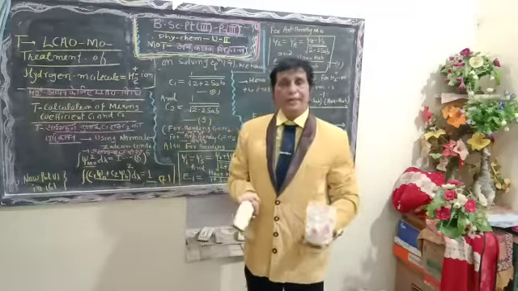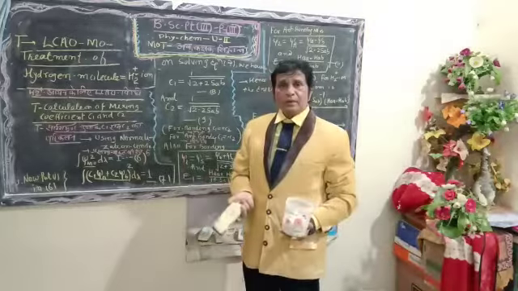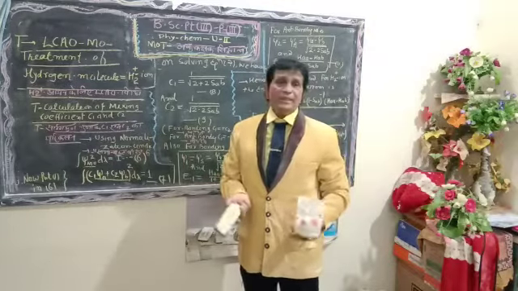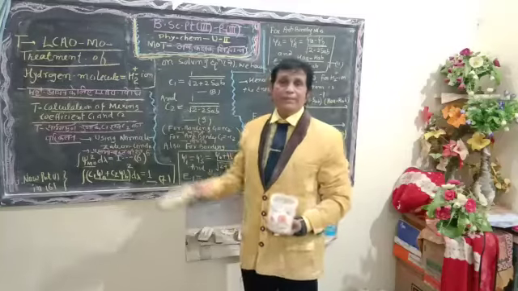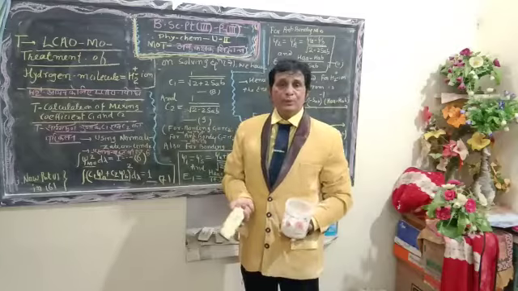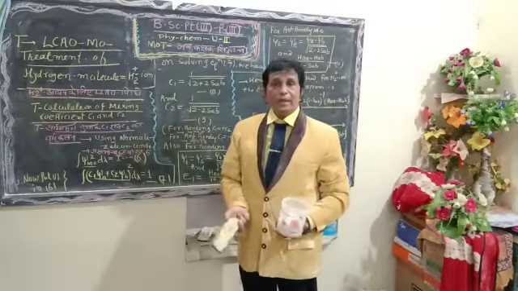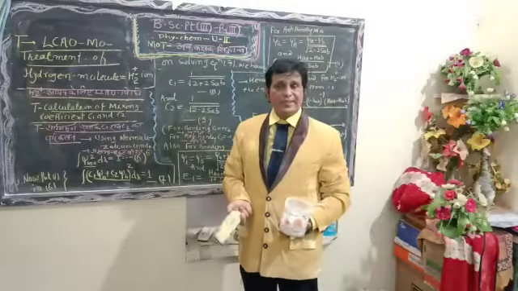Now, to calculate the mixing coefficients C1 and C2, suppose the electron is present in the molecule. Its probability is expressed as unity, that is, the integral of psi molecular squared d tau equals 1, equation number 6.